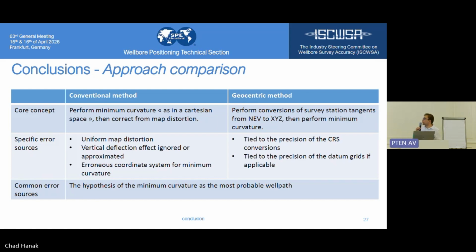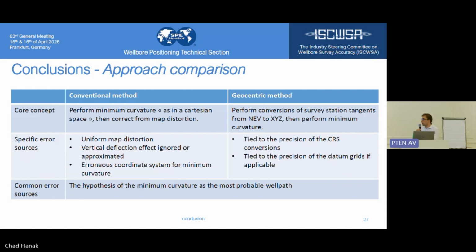And we are also tied to the precision of the datum grids, if applicable. Why datum grids? Because we are always relative to the ellipsoid height, but it's not always the reference elevation we have when we are dealing with northing, easting, vertical surface coordinates. We often have the elevation relative to mean sea level or to rotary table.